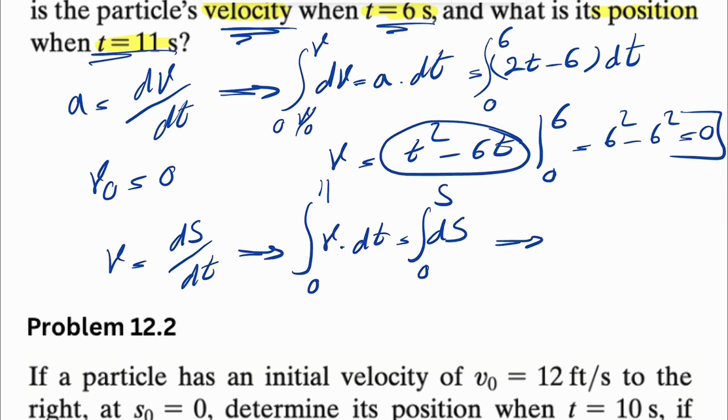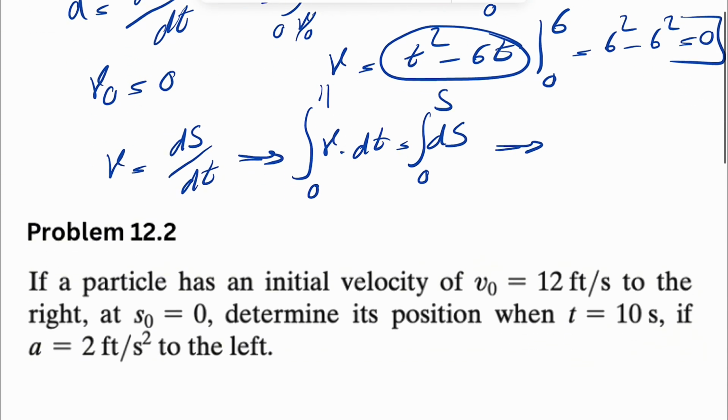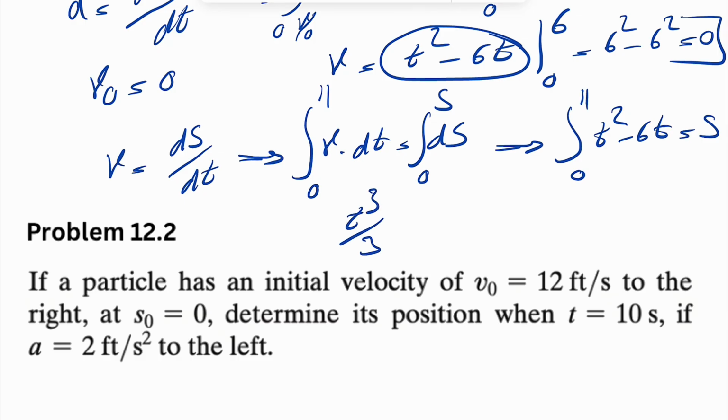We just have to put in the v that we have. So basically we have the integral of t squared minus 6t equal to s, from 0 to 11. The integral on the left side would be t cubed over 3 minus 3t squared, from 0 to 11, and it will give us the distance.